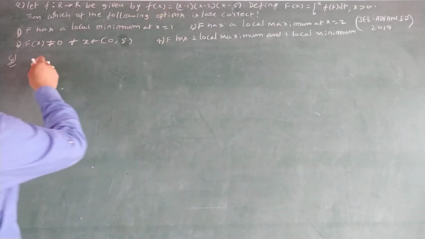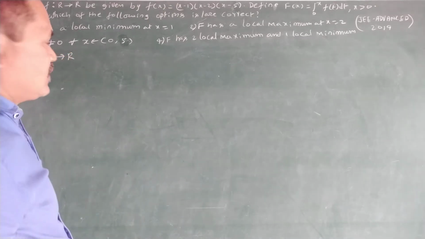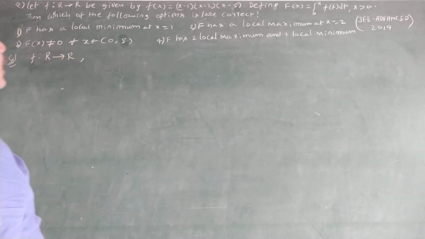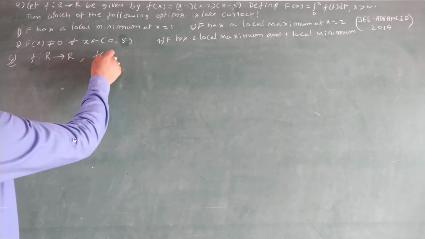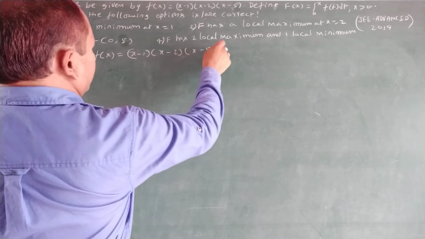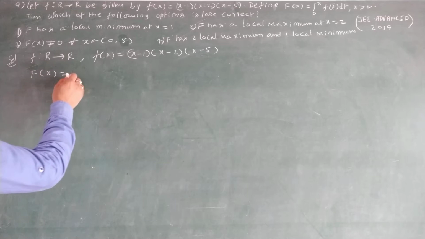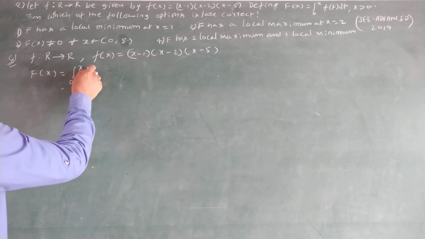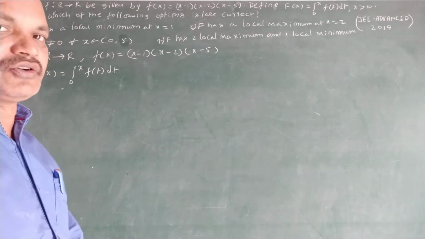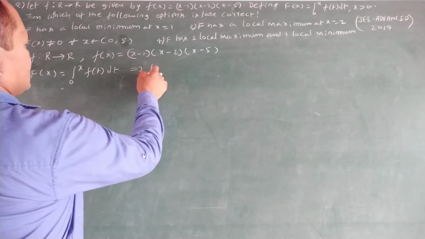Take the given function, f from R to R, where f is a function defined with domain R and codomain R, and small f of x is (x minus 1)(x minus 2)(x minus 5). And also given capital F of x is equal to the integral from 0 to x of small f of t dt, where x is greater than 0. By Leibniz's rule, we have to differentiate this one.